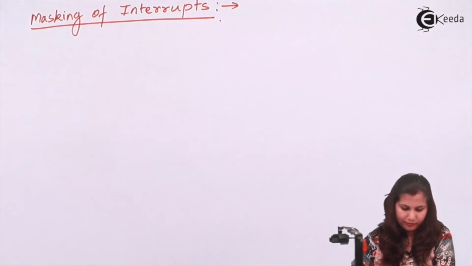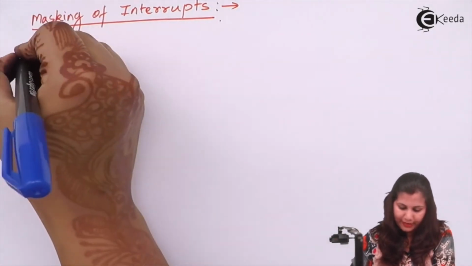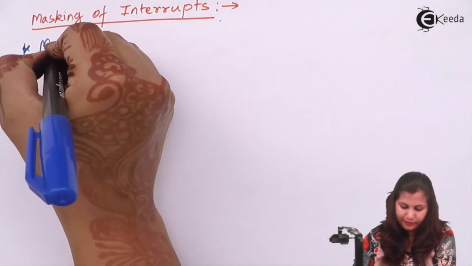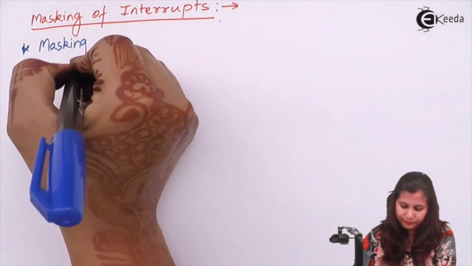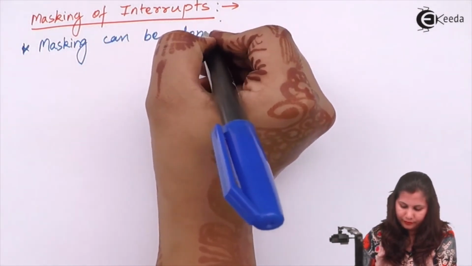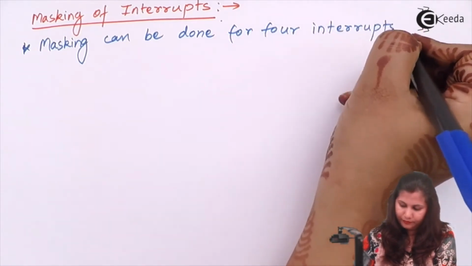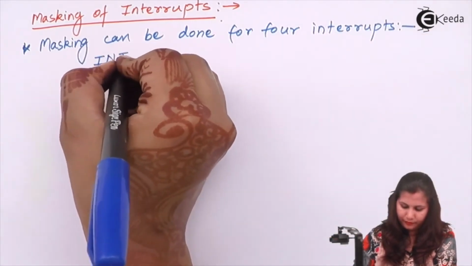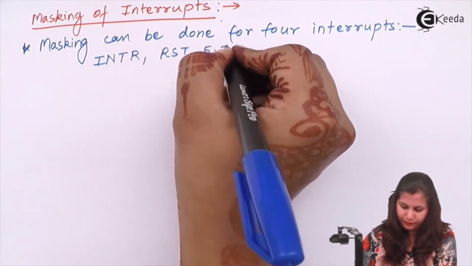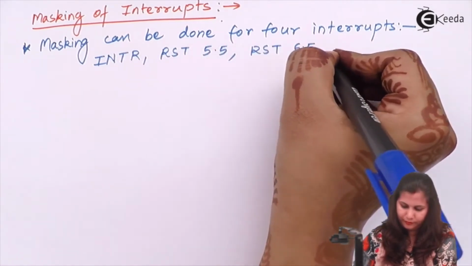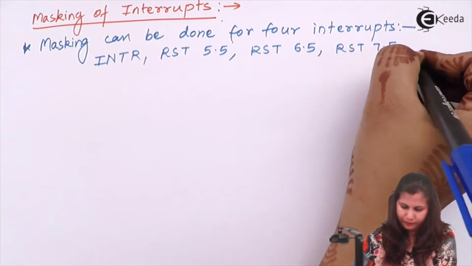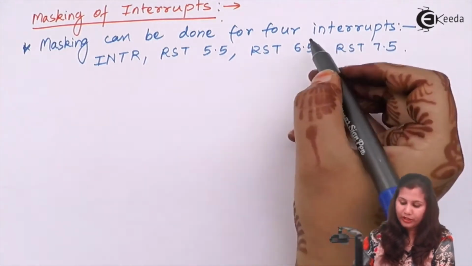Okay, so masking can be done for these 4 interrupts.